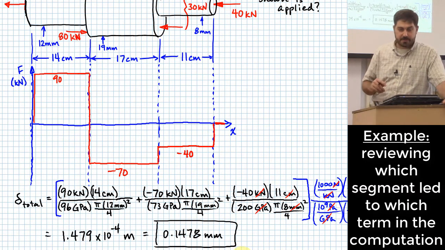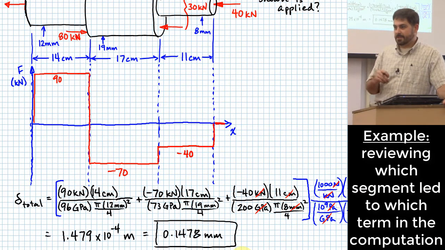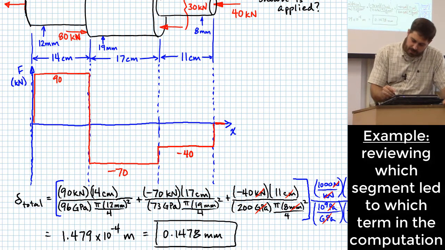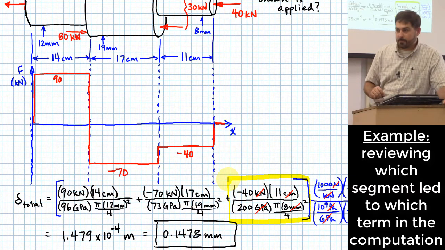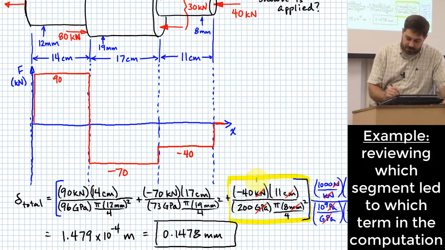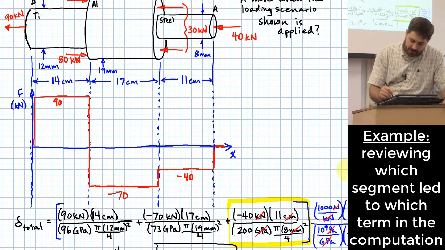Any other questions? Yes? So what we calculated is the net change of the entire rod, but segment AB is a completely different average. Segment AB is based just on this term. So we would have a compressive force and its length would actually shorten, or its delta would be negative. Right. So that term right there arises from this segment.